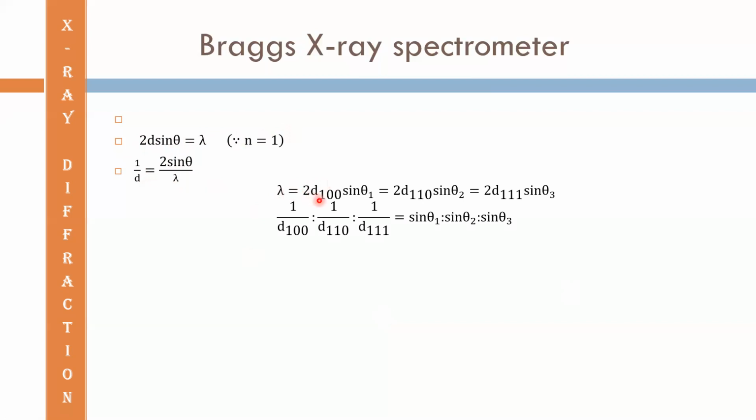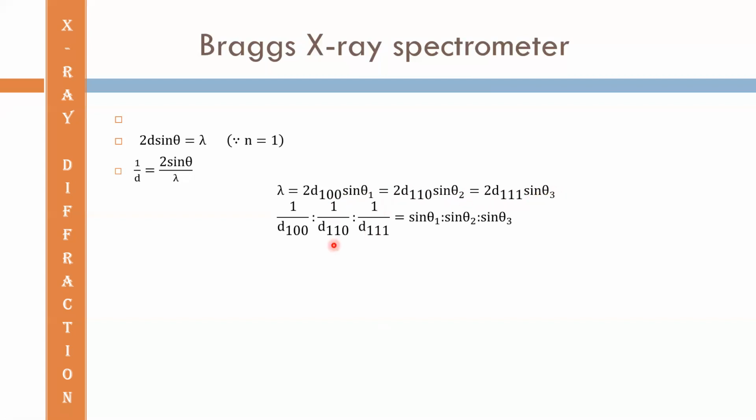Or lambda is equal to 2d. This is the first plane. Lambda is equal to 2d100 sine theta 1, that is equal to 2d110 sine theta 2, that is equal to 2d111 sine theta 3.